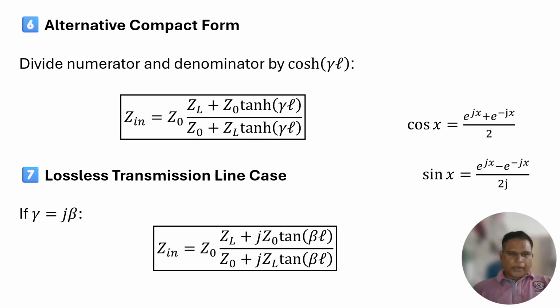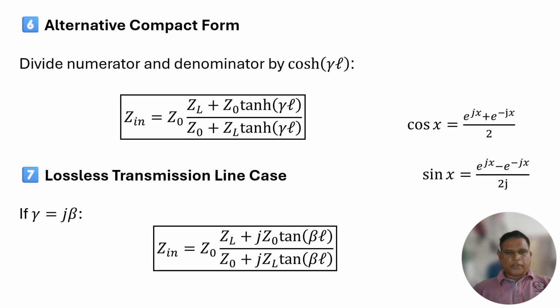We can write the input impedance for the lossless transmission line, Zin is equal to Z0 times ZL plus Z0 tanh gamma L. Gamma is equal to j beta, so tanh gamma L is equal to j tan beta L. This is a very simple expression.